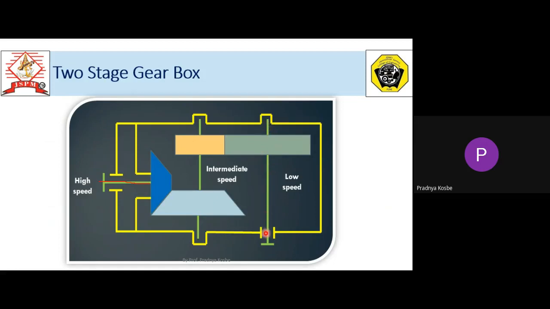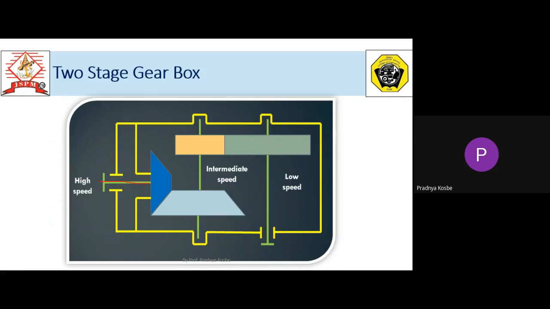The gear of the second stage is mounted on the output shaft and will get the required speed reduction. And this yellow part you can see is a casing. Here it is attached to the required application. So it is a two stage gearbox.